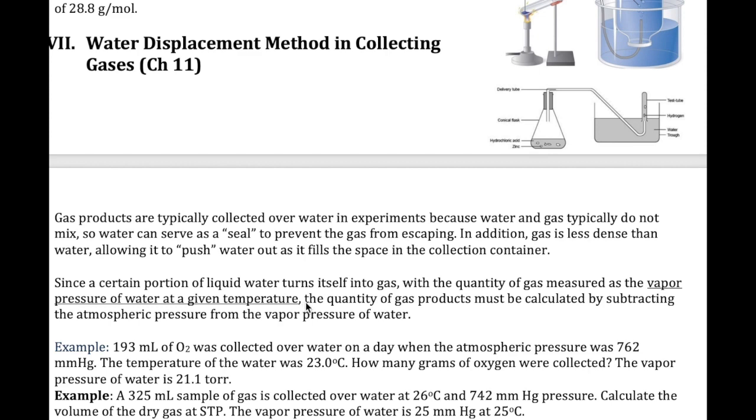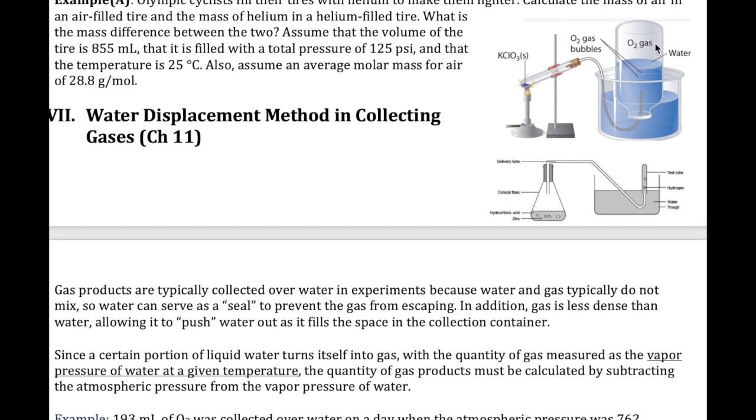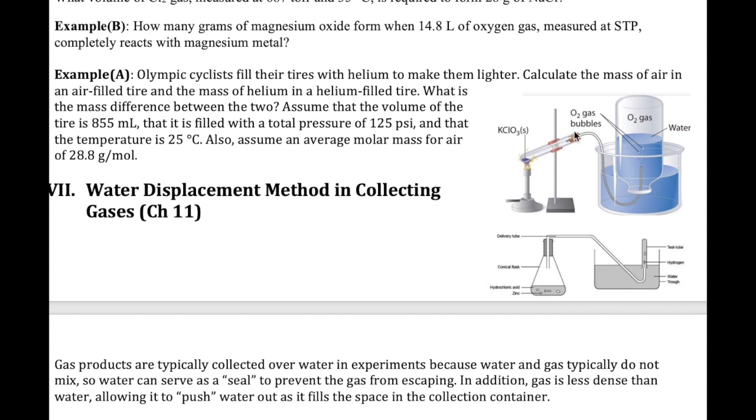So there are 2 things that add up to give you that total pressure. If somebody wants to know how much gas you actually collect, you measure the total pressure and subtract out the pressure that comes just from the water vapor.